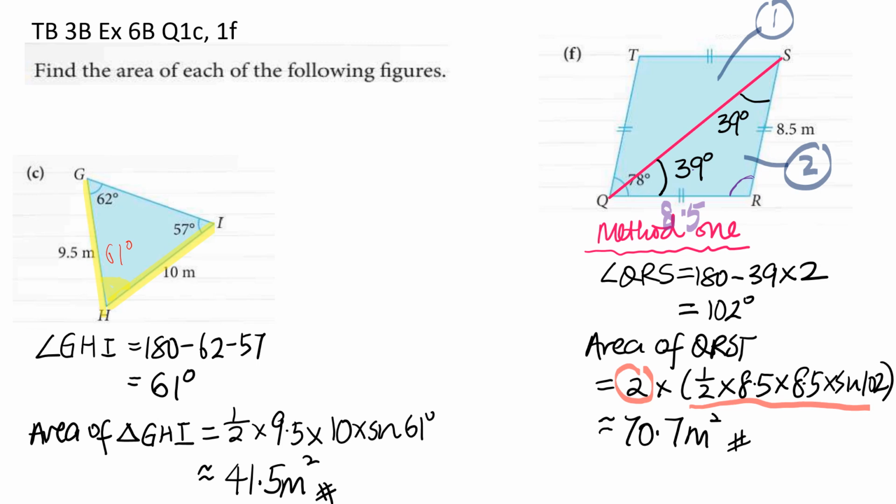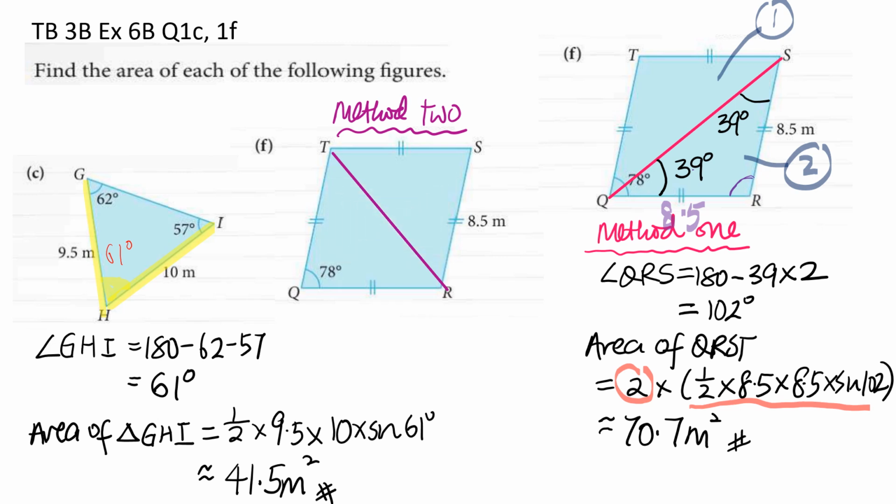So what is method 2? Method 2, it's a shorter method. It's the preferred method. If you were to dissect it this way, then you find that there's actually lesser work need to be done.